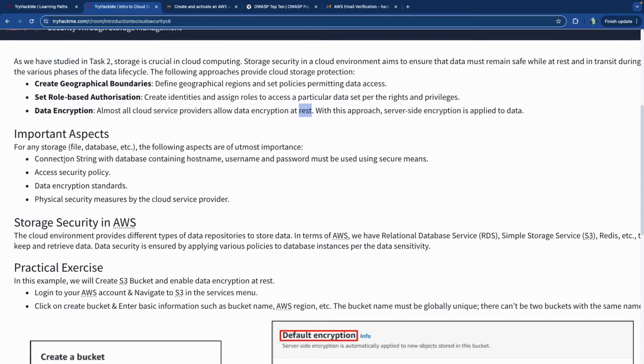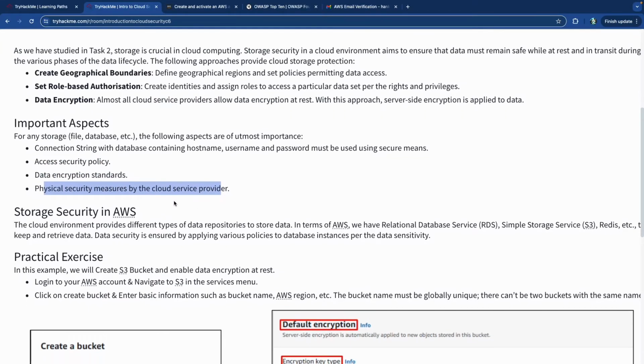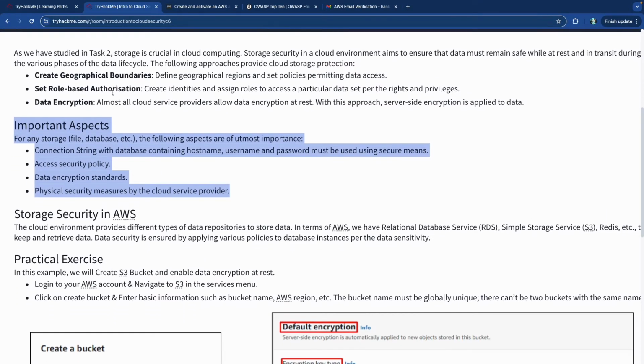Some important things to understand here: connection strings with the database containing a hostname, username, and password must be used using secure methods, right? So encryption, basically. Access security policies, data encryption standards, and physical security measures by the cloud service provider. All these things are very, very important to understand when you're talking about storing data.